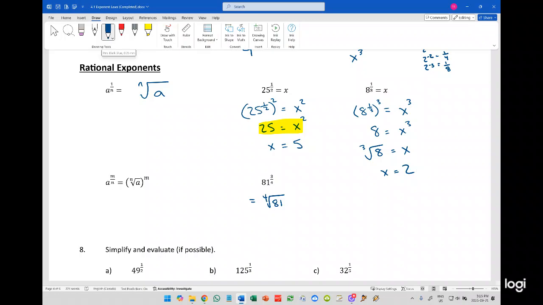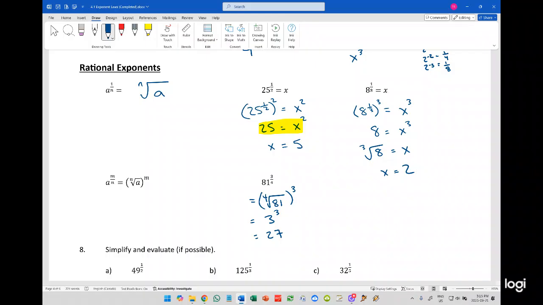So that's the bottom number, it gives us the root. And the top number acts like a regular exponent. So the fourth root of 81, something times itself 4 times that gives 81, would be 3 times 3 times 3 times 3, which is 9 times 9, or 81. So we know that in the bracket there we have a 3 cubed, and that is 27.